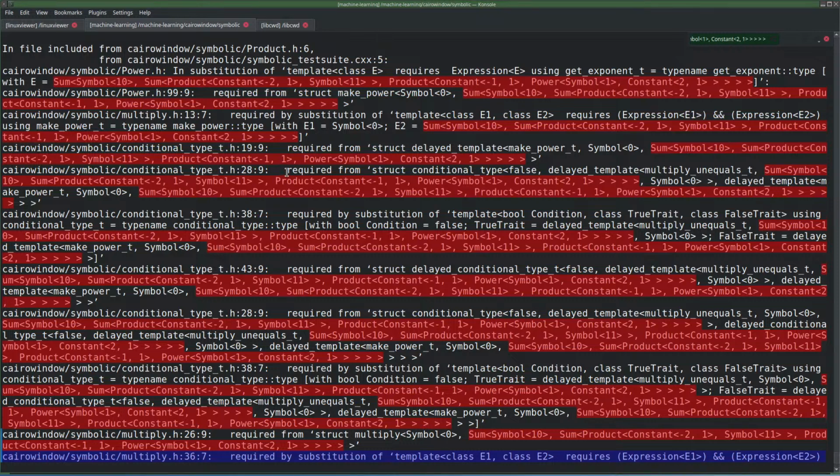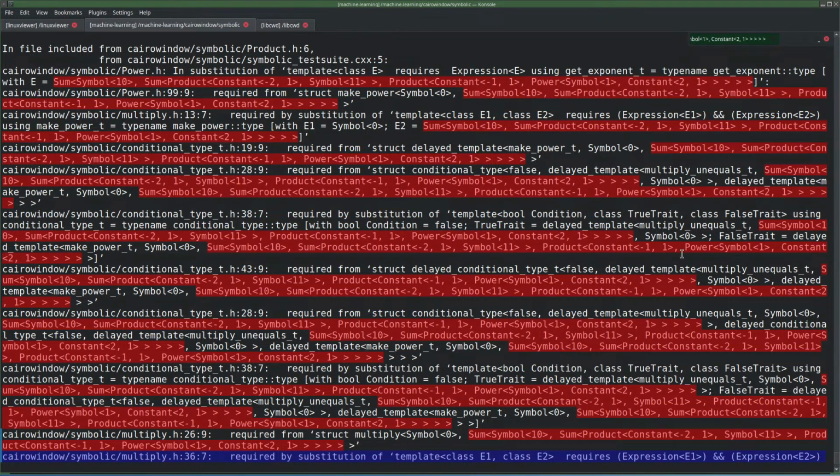It is required from instantiation of the conditional type false, which means that we use the second parameter, so not the delay template of the multiply on equals with what it actually should be doing, some blah blah blah symbol, but it is using the delayed template of make power, where the second argument is a sum. And it is doing that correctly because this is false, so it takes the second one, which is make power, but it should never do that.